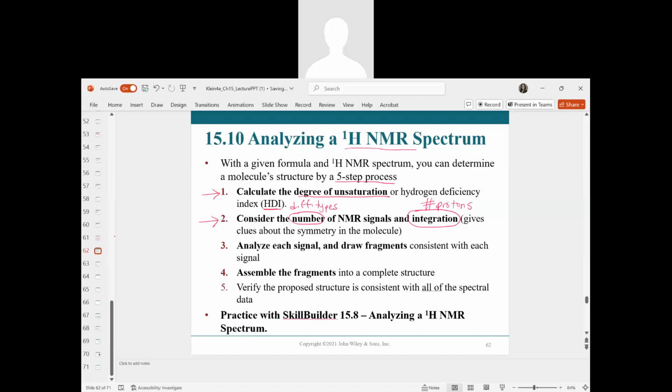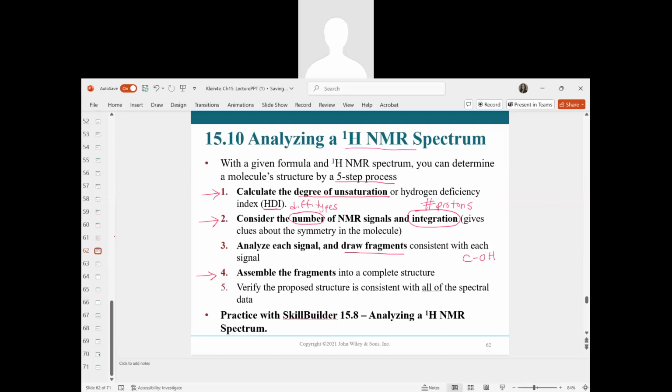After we analyze each individual signal, we can draw fragments of our compound consistent with each signal. For example, is it a carbon that's next to the oxygen of an alcohol that's consistent with that signal? Then we can assemble the fragments into a complete structure.